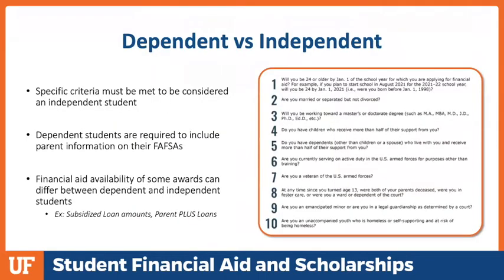Now, if you're an undergraduate student, you could be considered a dependent student. So let's just quickly go over dependent versus independent. In order to be considered an independent student, you must meet certain independent requirements.